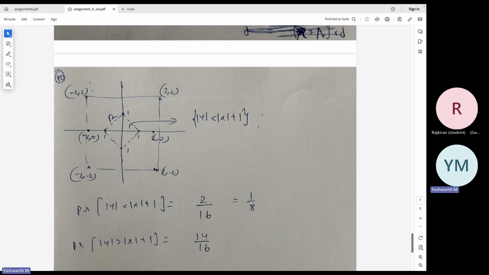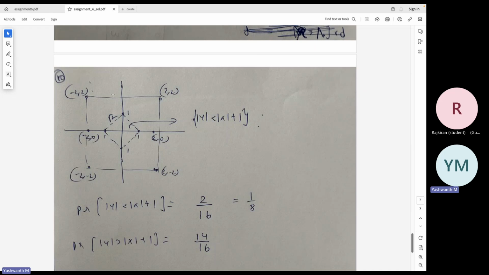This is the square that is being given, and this region is where mod y is less than mod x plus 1. Apart from this region, you have the region where mod y is greater than mod x plus 1. All this region inside the square is represented by this.